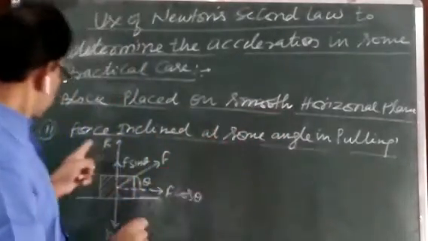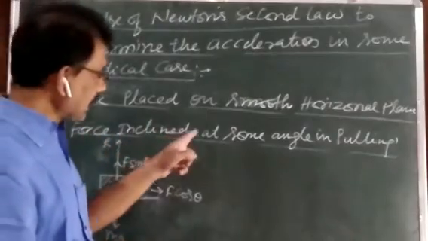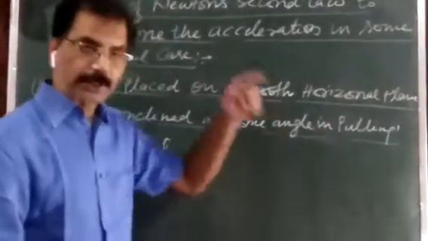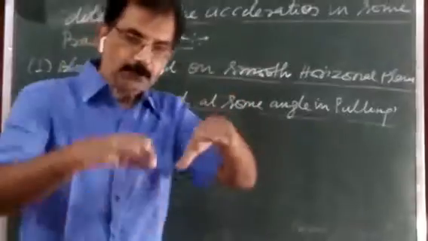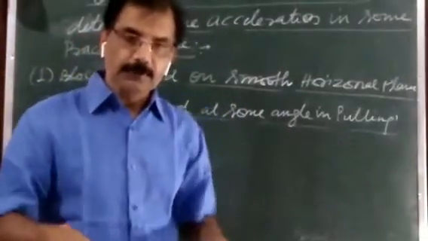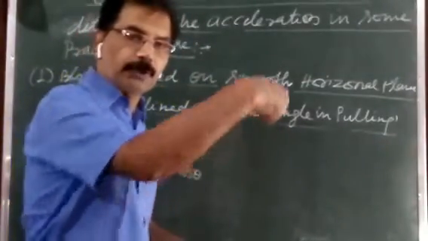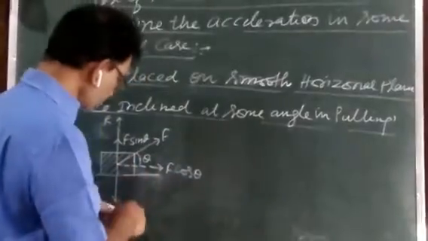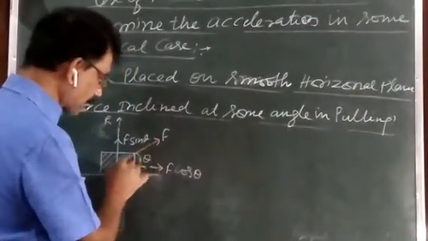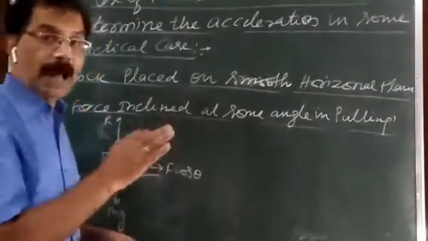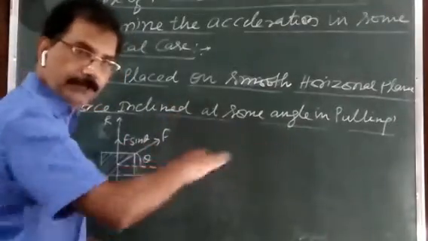Second case, force inclined at some angle in pulling. Suppose the block is placed on a horizontal surface and a pulling force F is applied on this block at some angle, not horizontally.